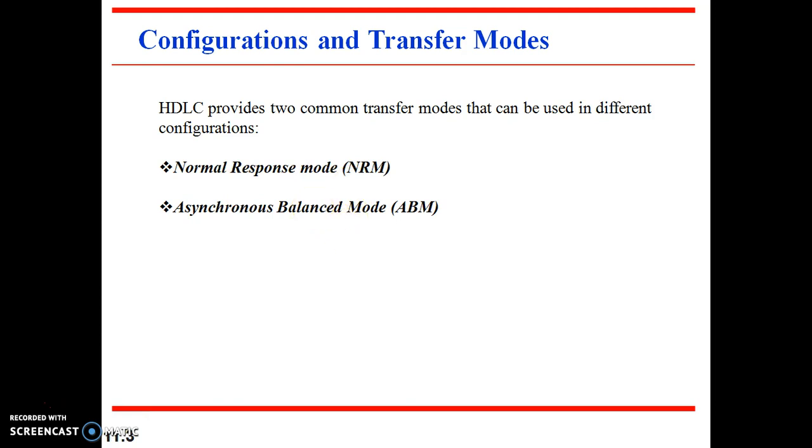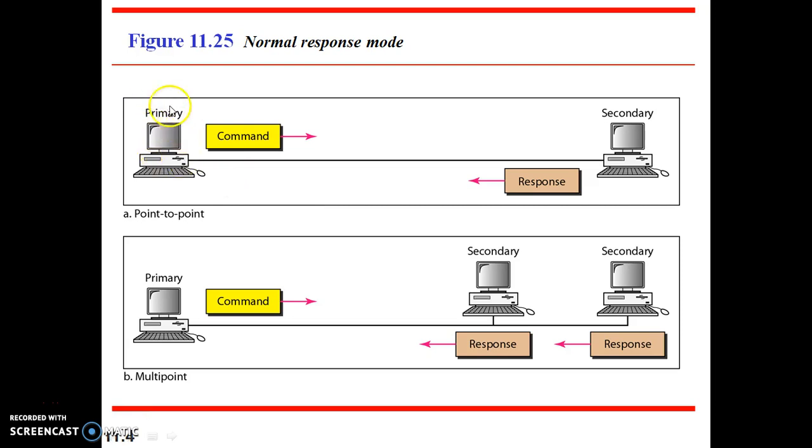When we talk about the primary station and the secondary station, the primary station can only send the commands and the secondary station can only respond to the commands. The primary station cannot respond and the secondary station cannot send the command. This is why we call it unbalanced mode.